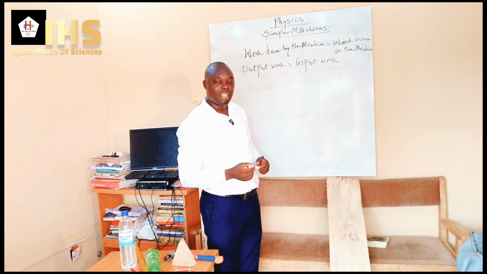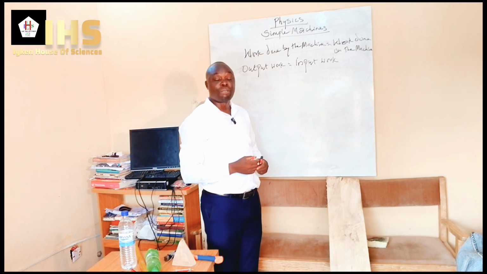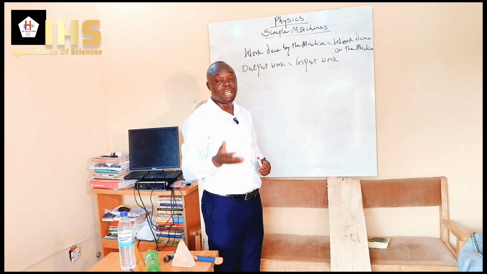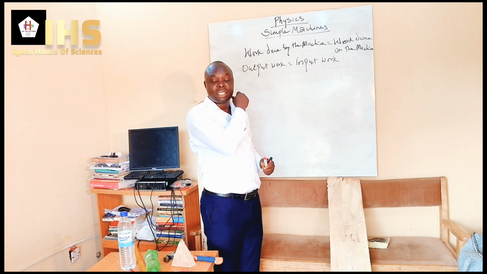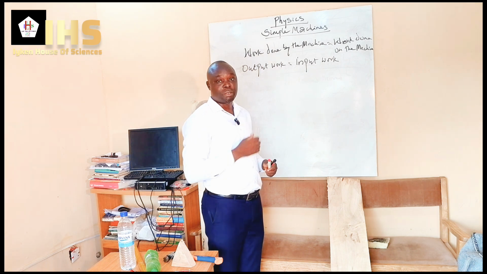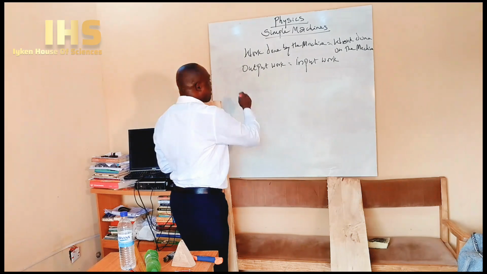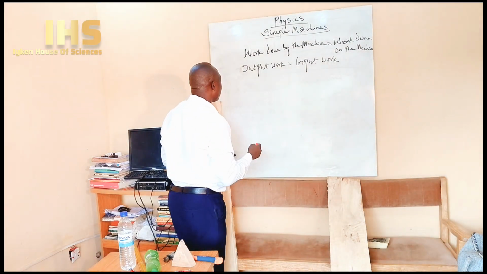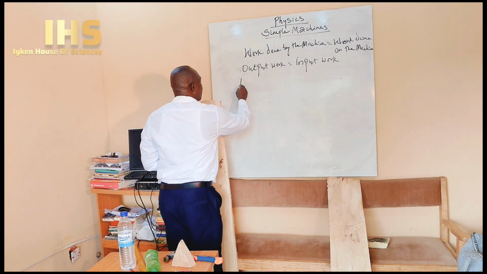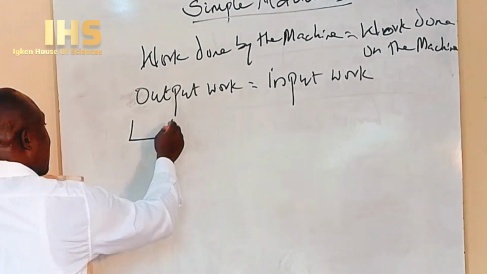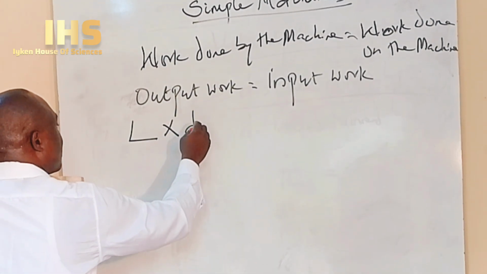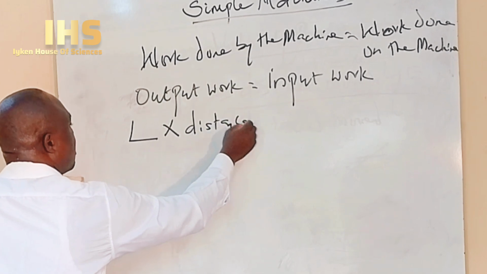And what is work? Work is defined as the force times the distance moved by an object in the direction of the force. So the work output here is going to be the load multiplied by the distance moved by the load.